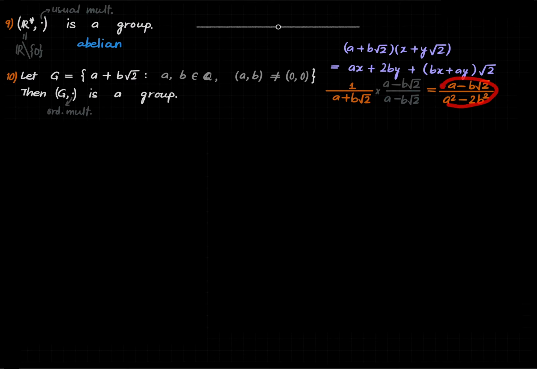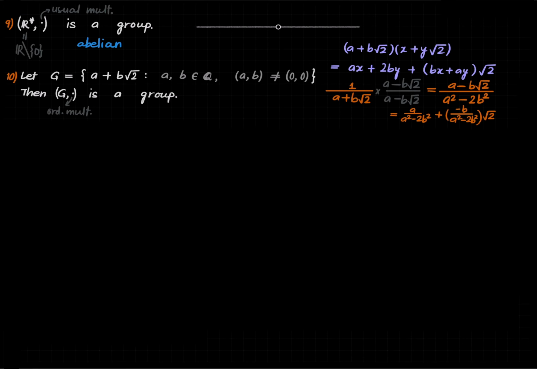And clearly this is a number of that sort because you can write this as a upon a square minus 2b square, or I'll write a plus and then a minus b upon this thing times root 2, and there is no space. So anyway, I'm sure you were able to do this by yourself.